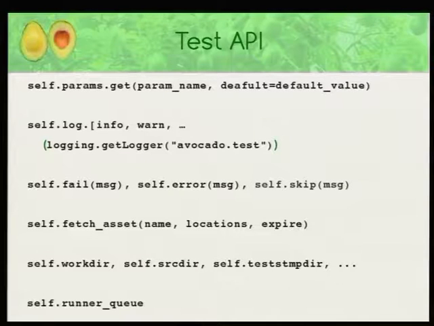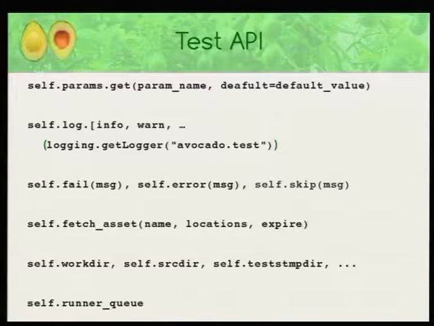We have this utility called fetch asset, which helps you get assets from the network, from the internet, some URL, or some local network NFS sharing. We even cache those assets, so you don't have to download them every time you are executing your test. If you put an expire time for it, we will re-download it if it has already expired. We have references for some important directories that are available to Avocado during the execution.